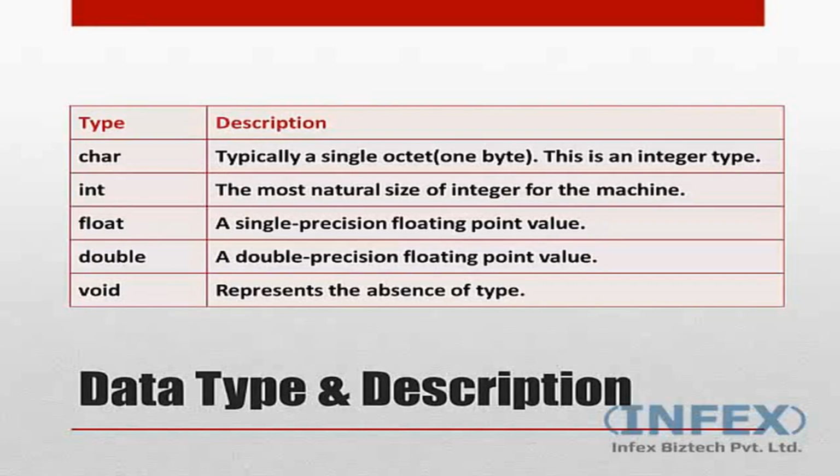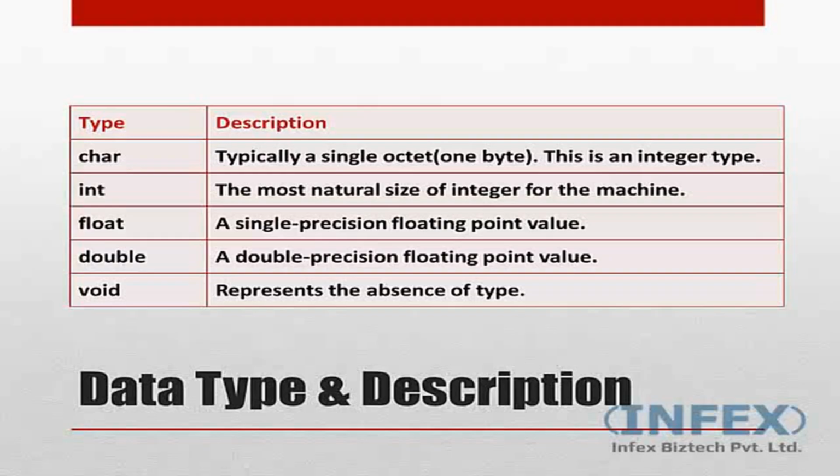It is typically a single octet, meaning 1 byte. This is an integer type. Int. Int is the most natural size of integer for the machine. Float. Float is a single precision floating point value.